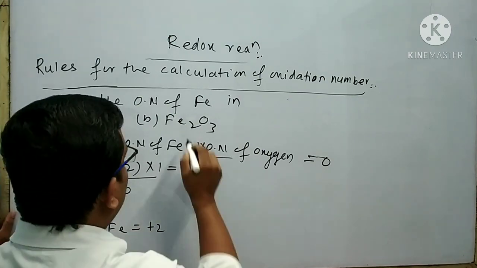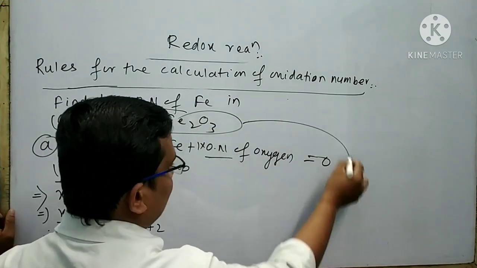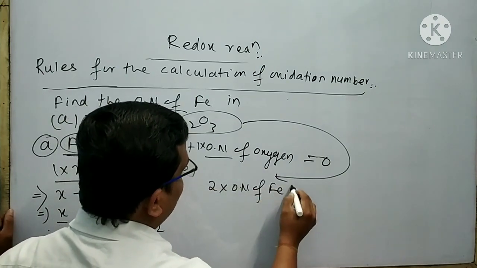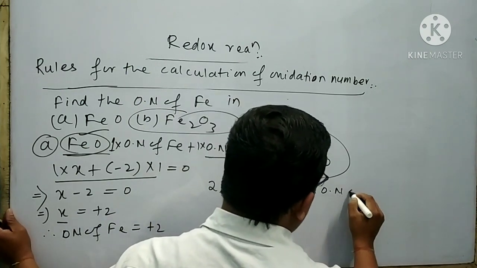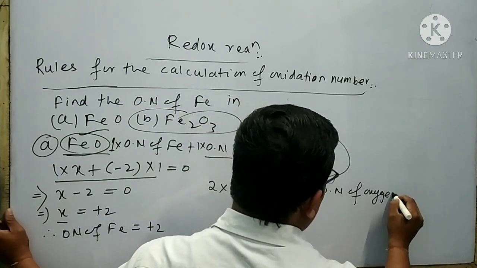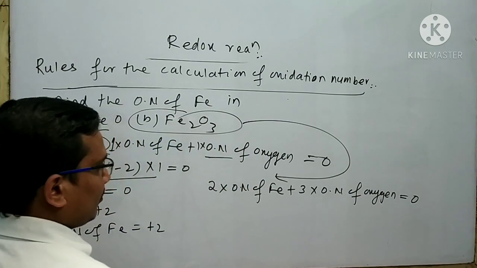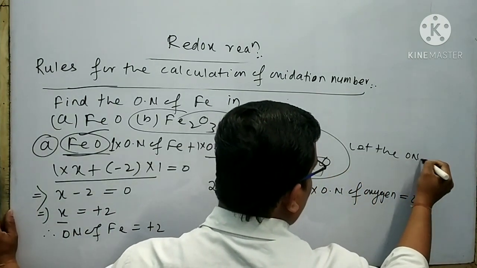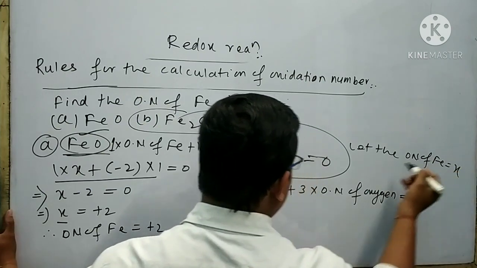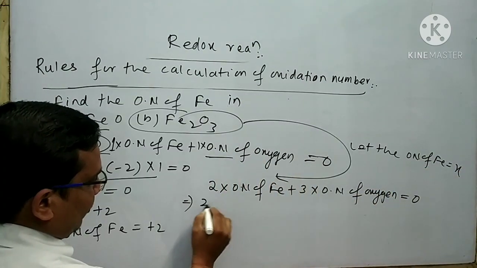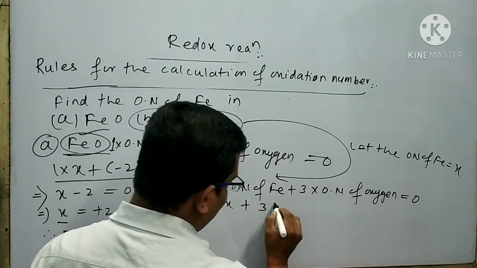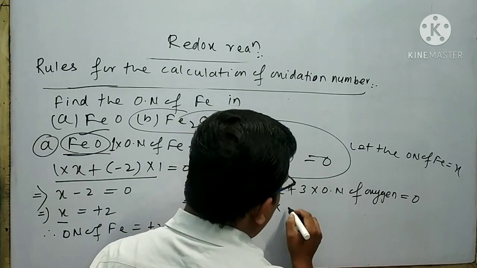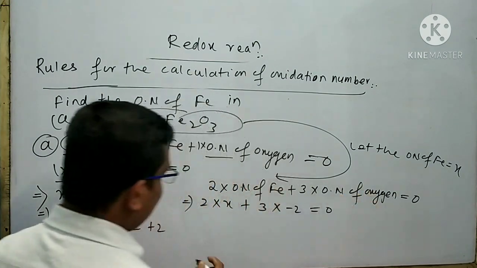Now think about Fe2O3. For this molecule I can write 2 into oxidation number of iron plus 3 into oxidation number of oxygen equal to 0. Let the oxidation number of iron equal X. So I can write 2 into X plus 3 into minus 2, which is equal to 0.